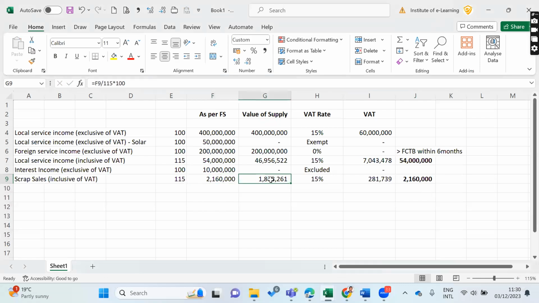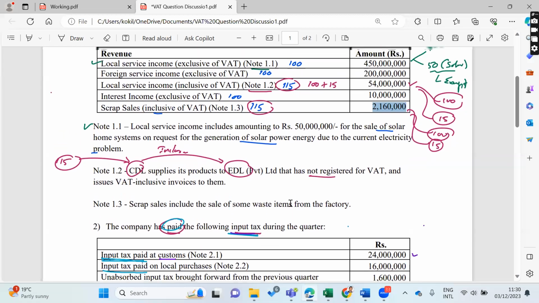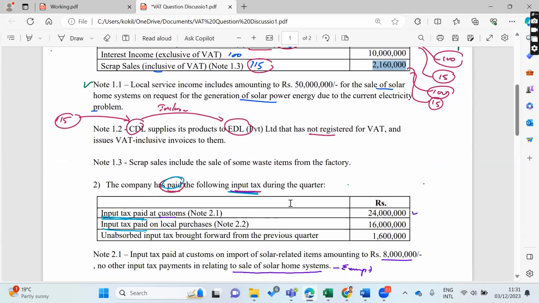Here the value 100, here the VAT component. We have spread the given inclusive figure separately, right? Hope this part is clear to you. All done up to the first point, all the detail.